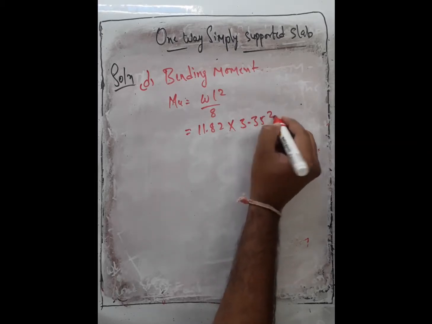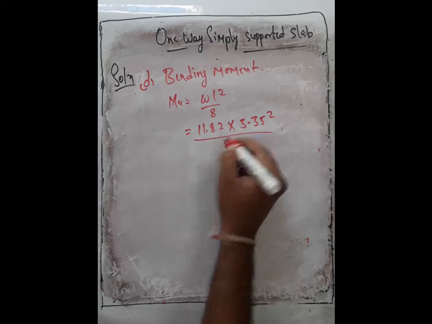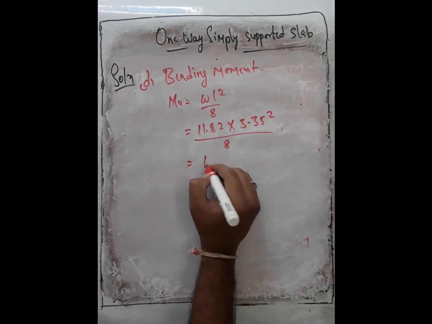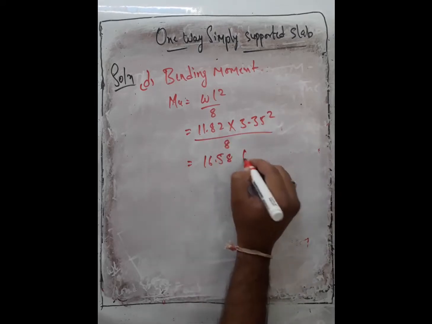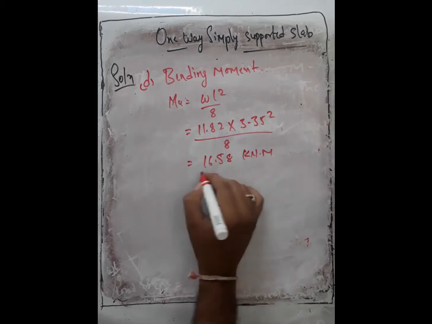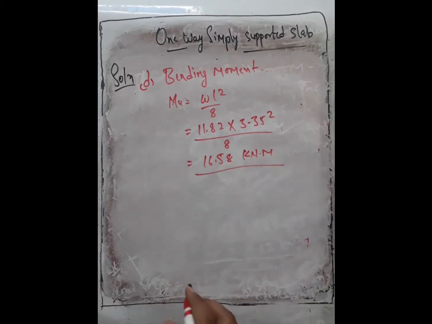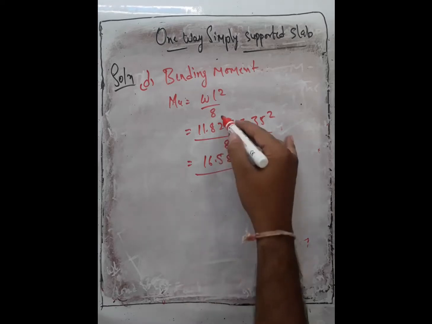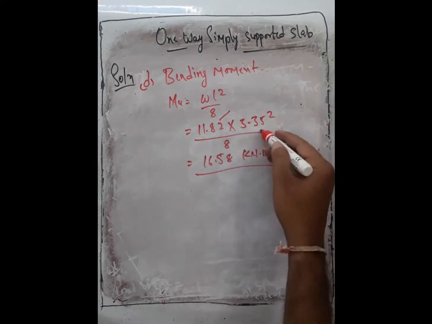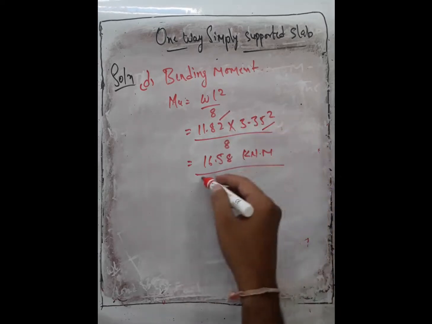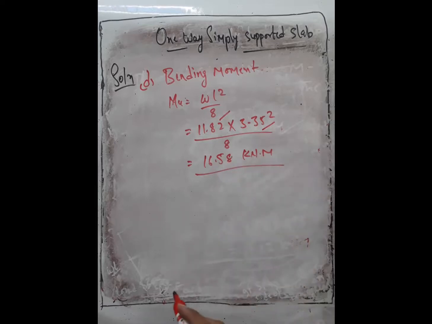So 3.35 square divided by 8, so here we get 16.58 kilonewton meter. This is factored load, this is effective span. So from that we get 16.58 kilonewton meter as a bending moment.